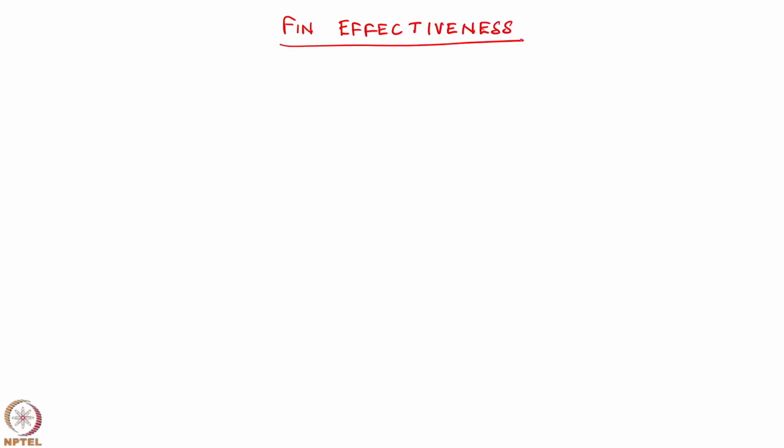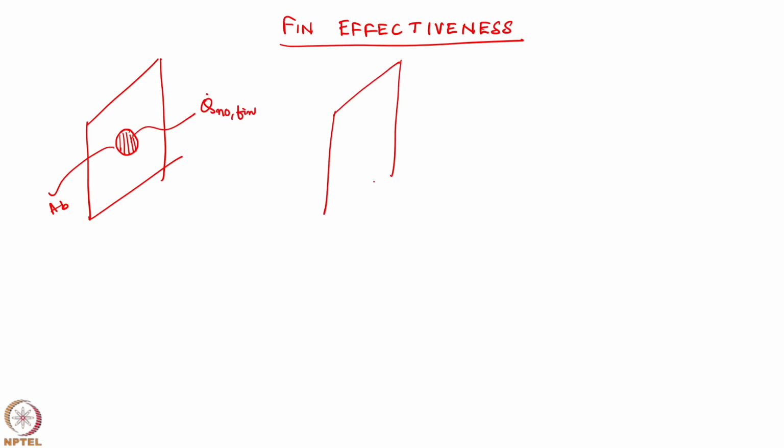Fin effectiveness: if you have a base, and this is the area of the base, and this is the heat transfer which is taking place from this base, that is Q dot no fin. But on the other hand, if you have put a pin fin, then there is heat transfer taking place from the fin.